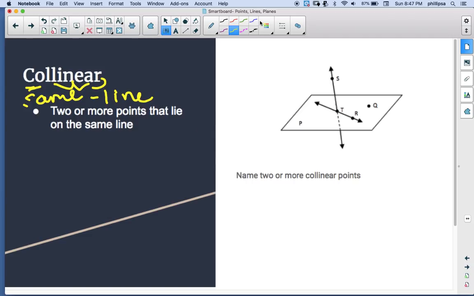So I have 2 sets of collinear points here. I have collinear points ST here, and I have another set of collinear points here with TR. There wouldn't be any symbols or notation to know for this.